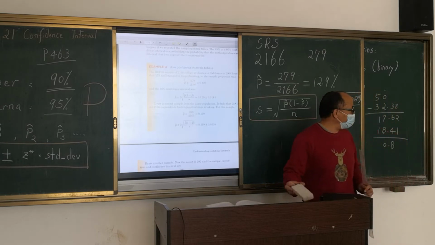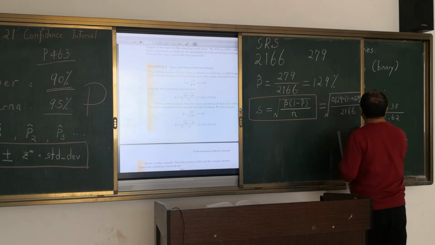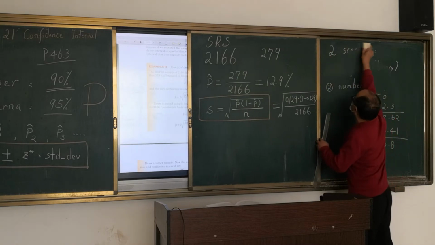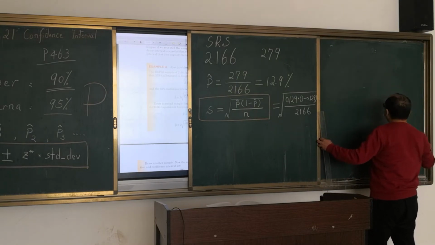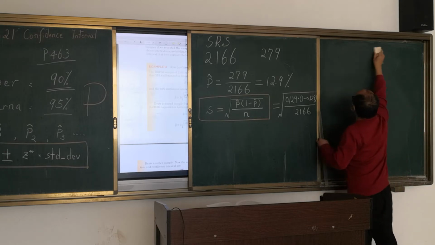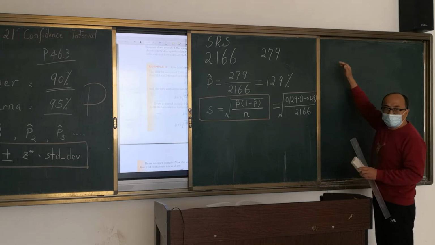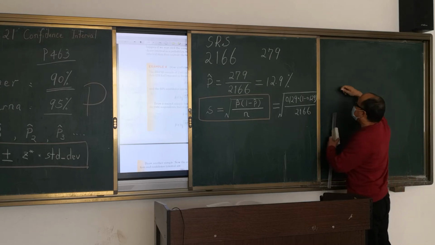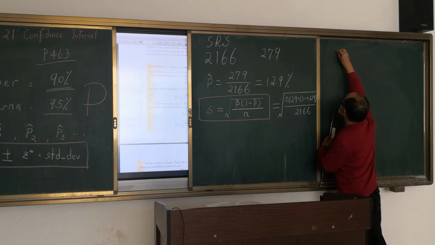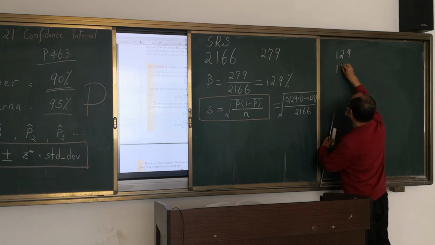How do we calculate? Just briefly, how do we calculate standard deviation? We repeat many times. Let's say the first time is 12.9%. The next time is 11.5%.